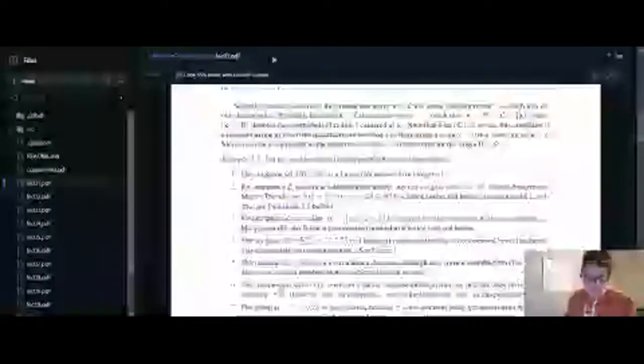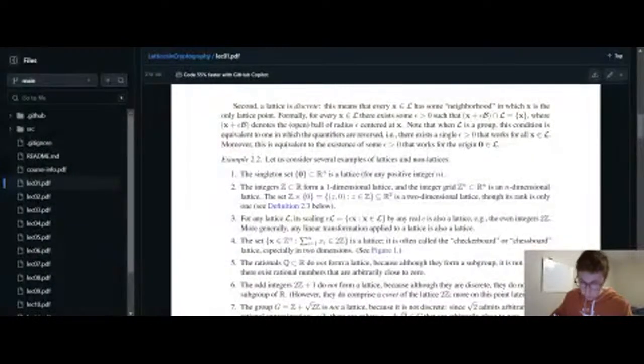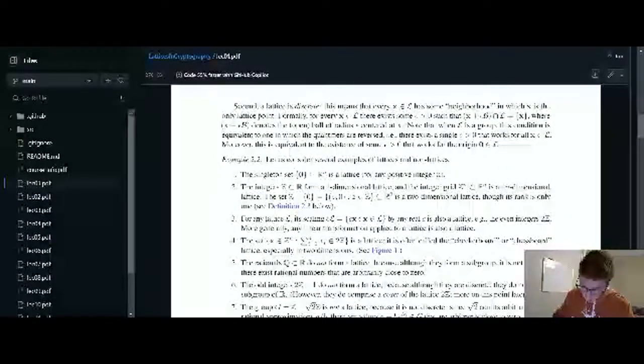Okay. A lattice is also discrete. What does that mean? It means neighborhood.